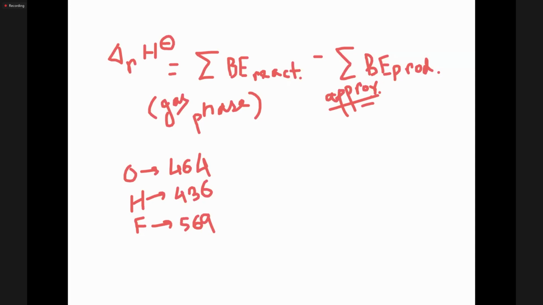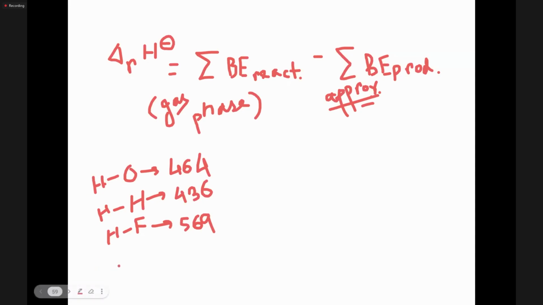So for fluorine with hydrogen, the mean bond enthalpy is very high. These are all with respect to hydrogen. This 436 value is also with hydrogen, so it is homoatomic in nature. And this case is also with hydrogen, the O-H bond. Also, you can see if we go from fluorine to fluorine, the value becomes very much less.